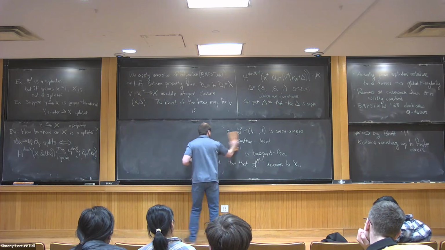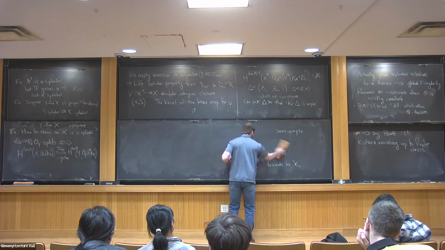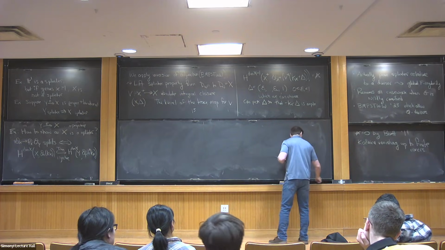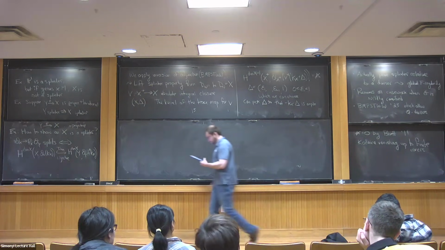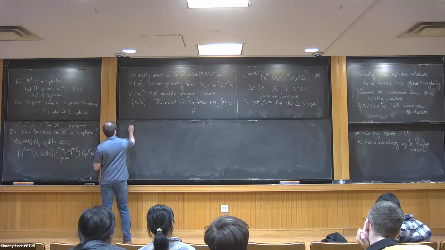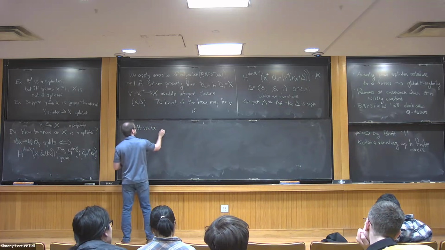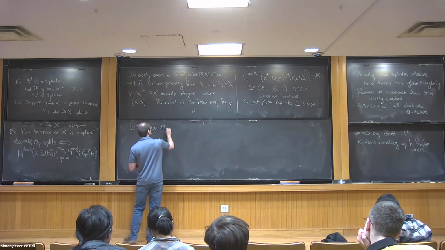But we would really like to say something about affine Schubert varieties in the Witt vector affine Grassmannian. So let's say Witt vector flag varieties.